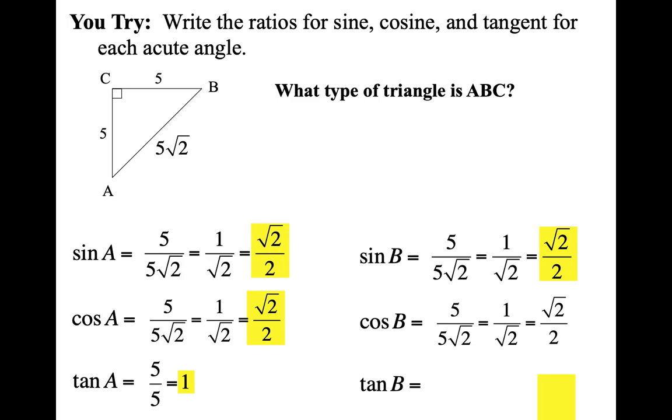So we see the same thing happening. And then for tangent, opposite over adjacent, our opposite side is 5, our adjacent side is 5, so we reduce to 1 as well. And so what we see here is with a special right triangle, something special happens.